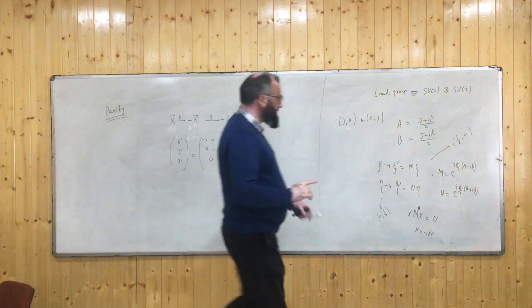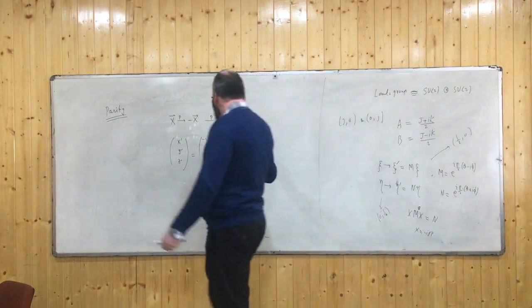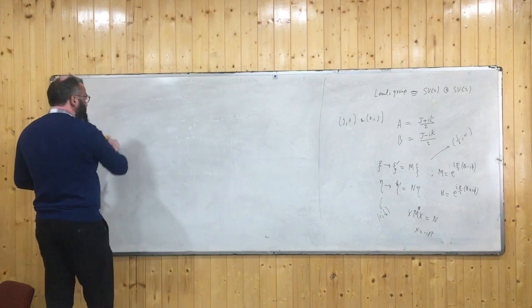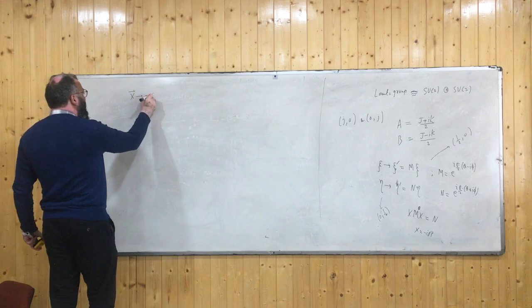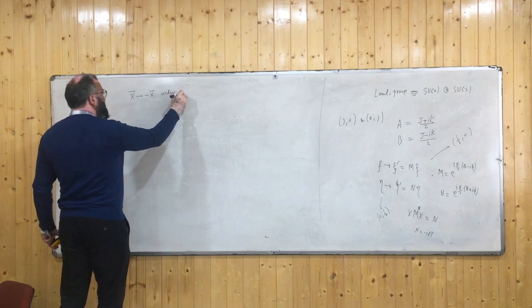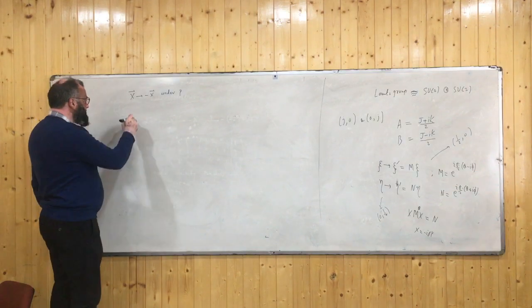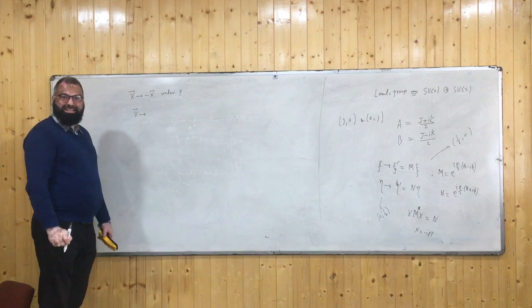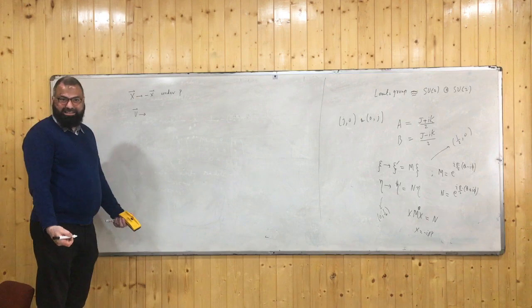So now what happens under this transformation? Let's say your x goes to minus x under parity P. Clear? So what happens to the velocity? What is velocity? dx by dt, is it?